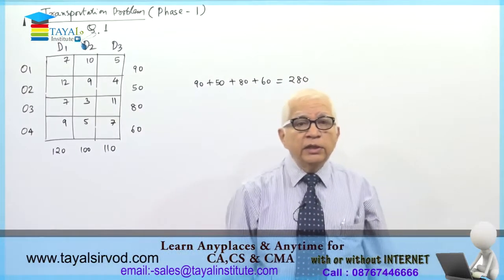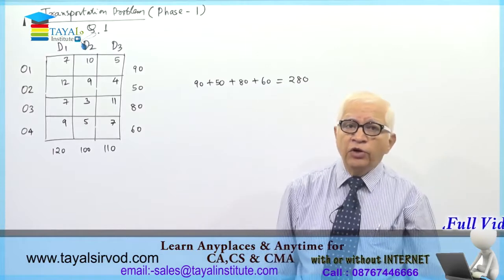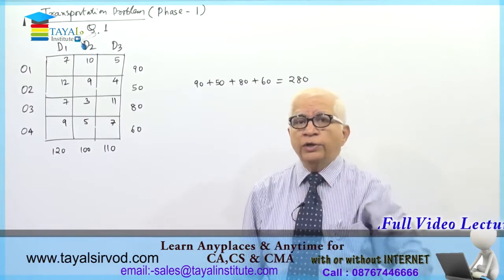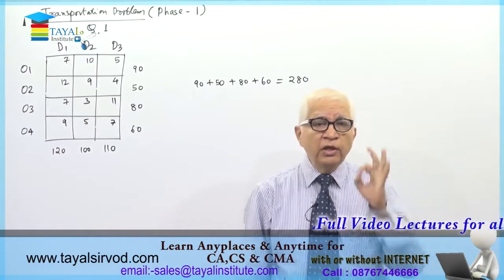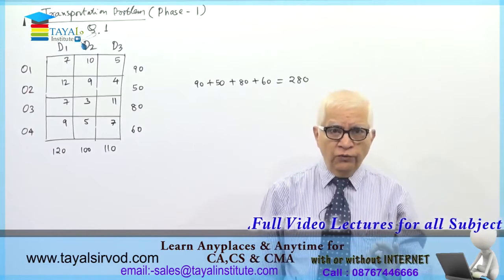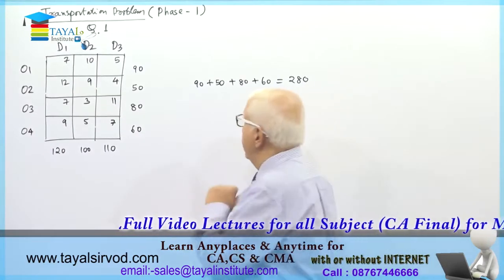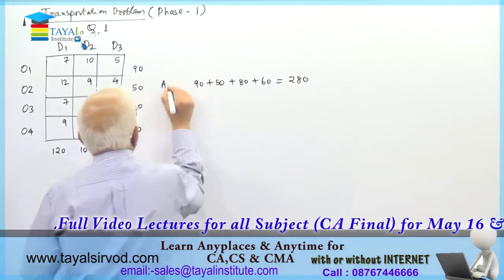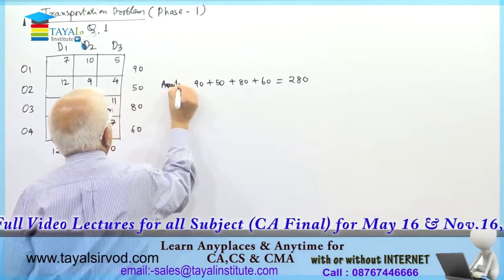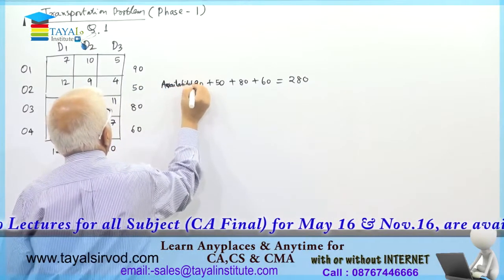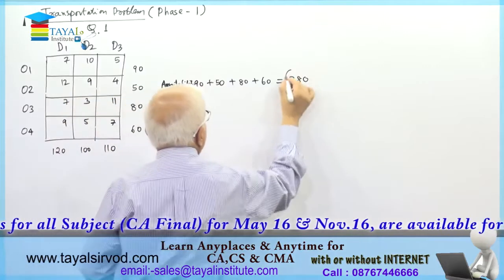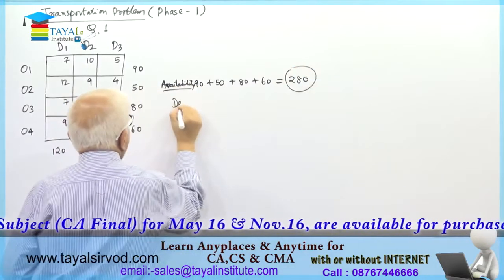In other words, the number of units of the commodity available for transportation from O1, O2, O3, O4 is 280 units. Okay. So availability is 280. Now what is the demand?